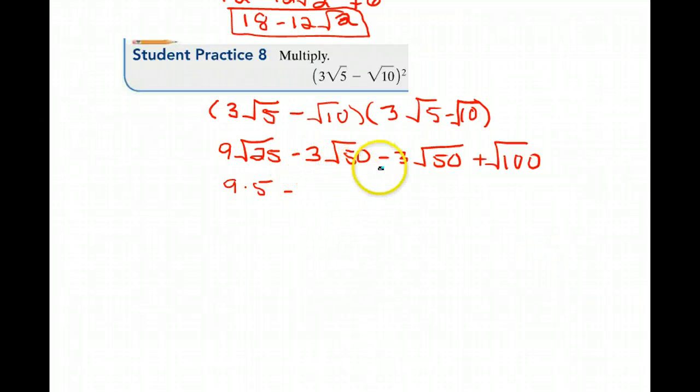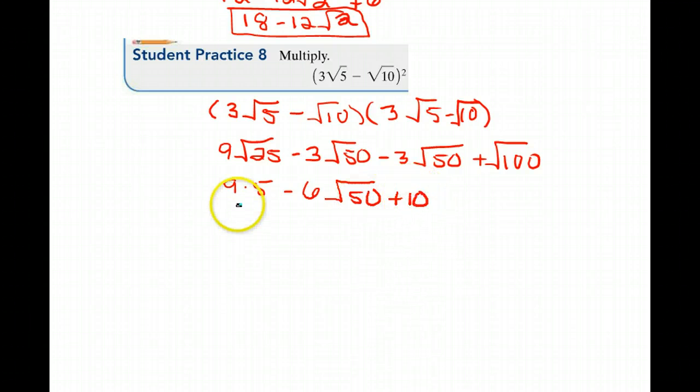Negative 3 root 50 minus 3 root 50 is negative 6 root 50. And the square root of 100 is 10. 9 times 5 is 45 minus 6 times the square root of 50, which can be broken into 25 times 2. And then I'll bring down my plus 10.